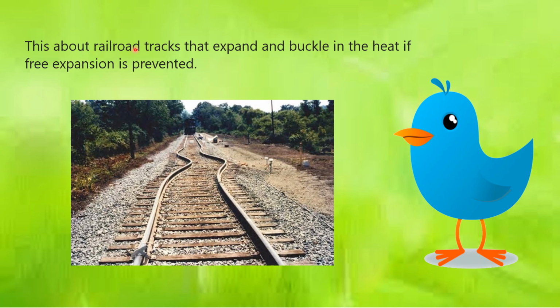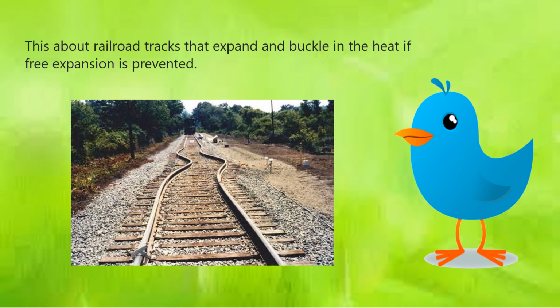This is about a railroad track that expands and buckles in heat if the free expansion is prevented. Now here this is a railway track. When the rails are laid, then in between the two rails at the joint we provide some gap for the expansion of the rails, and if that gap is not properly provided, then the railway track expands due to heat and it buckles something like this as shown in the figure here.